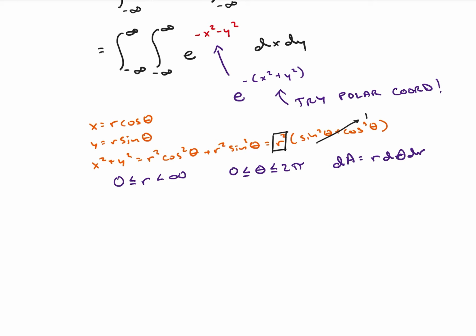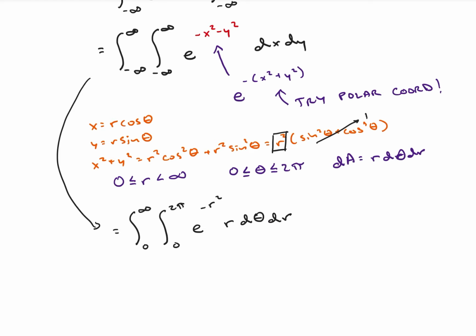Okay, so let's rewrite our integral now. The integral above is now going to be the integral over r on the outside, from 0 to infinity, and then the integral from 0 to 2 pi of e to the negative r squared times r d theta dr. So first we integrate with respect to theta.